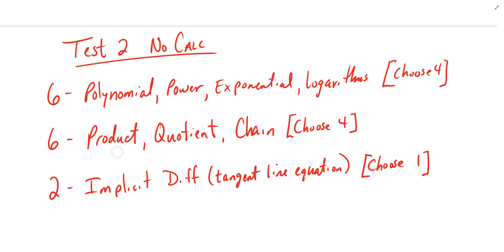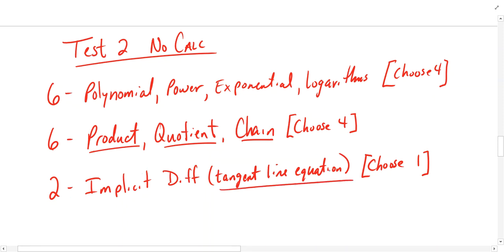There will be 6 questions on the product, quotient, and chain rule. Again, you'll see 6 problems, but I'll ask you to choose 4 to complete. And then finally, for the implicit differentiation that we were just practicing, I'll have 2 implicit differentiation questions where you have to identify the tangent line equation, and I'll have you choose 1 of those.